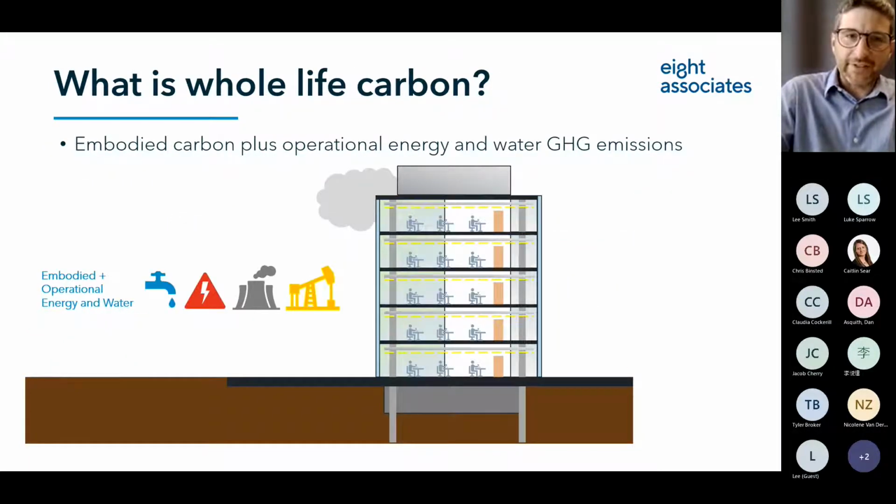So just a bit of disambiguation, comparing embodied to whole life carbon. Whole life carbon is what I've just explained about embodied carbon, that scope, plus operational energy and water greenhouse gas emissions as well.